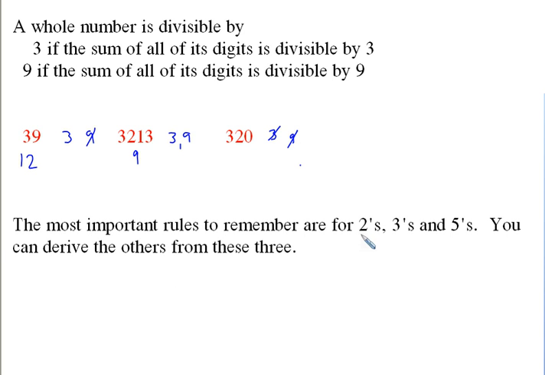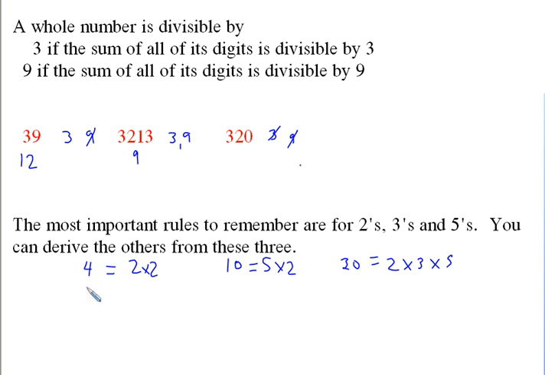The most important rules to remember are the 2's, the 3's, and the 5's. And the way this works is that if something is divisible by 4, then it's divisible by 2 twice. If something is divisible by 10, it's divisible by 5 and 2, and that just makes perfect sense. And if something is divisible by 30, then it's divisible by 2, 3, and 5.